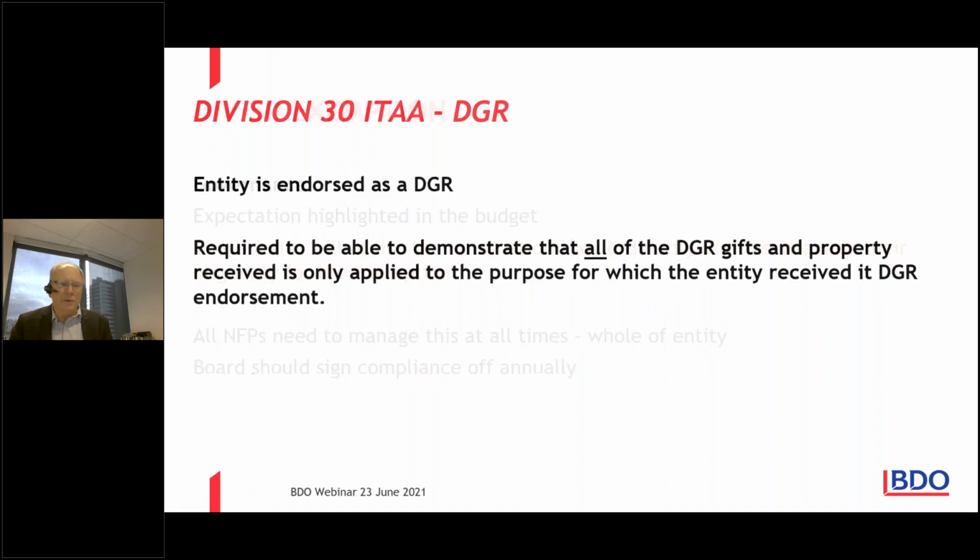Now for deductible gift recipients, a couple of compliance aspects, and that is that you've got to be able to demonstrate that all DGR gifts and property received are only applied for the purpose for which the entity received its DGR endorsement. So the school building fund can only apply it to the particular projects. Some charities have DGR for specific activities, and therefore it's worthy that you can compartmentalise that fully and show that we're only delivering it for that purpose.